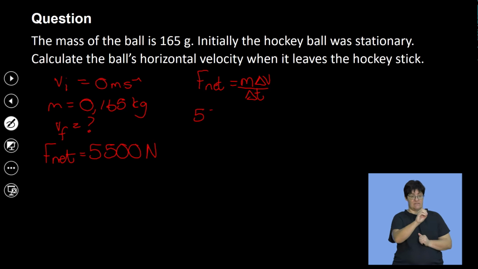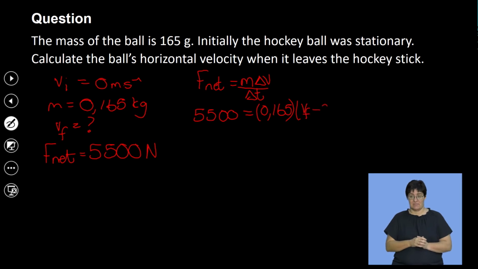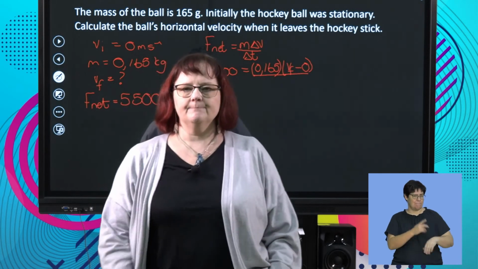This is 5,500! I will get it right eventually, okay? Just go with it. Mass, 0.165. Final velocity is what I'm looking for. Initial velocity is 0.